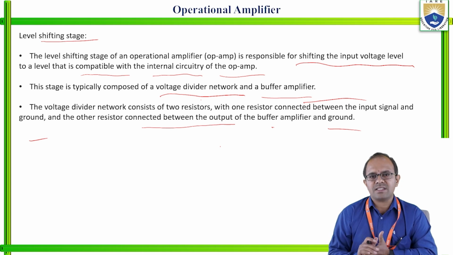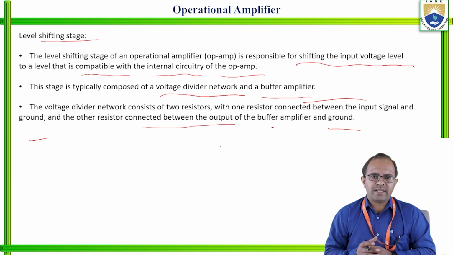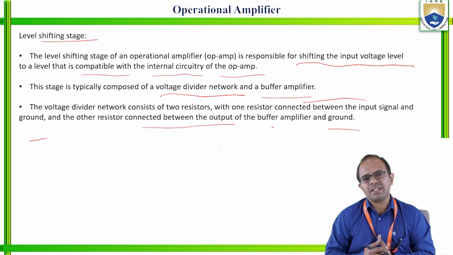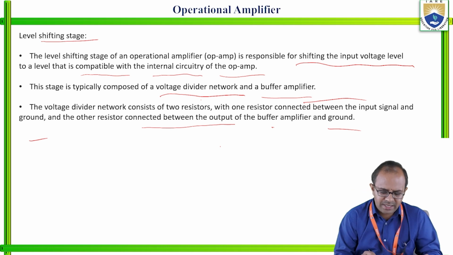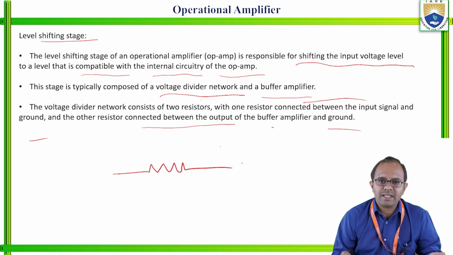So what we said, it consists of two resistors. What is meant by the voltage divider? How will you achieve voltage division? Using a capacitor? No. Using an inductor? No. We need a resistor. If you want to perform voltage division, we need a resistor.